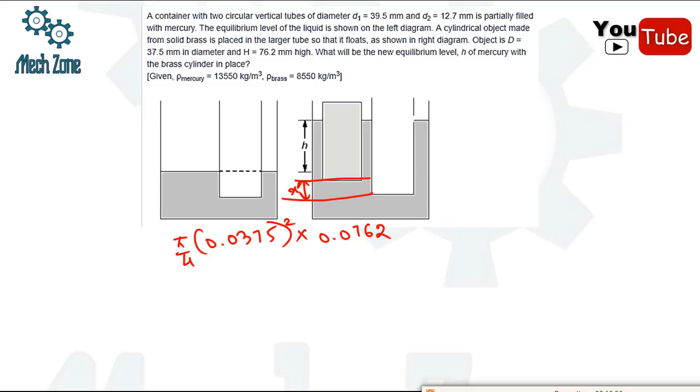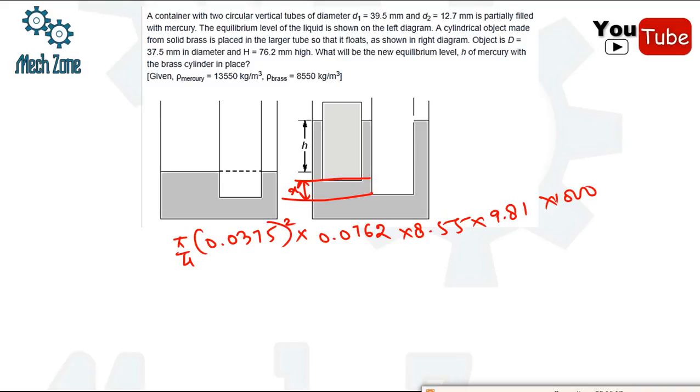This would be multiplied by 8.55 kg, 8.55 into 9.81, and multiplied by 1000.